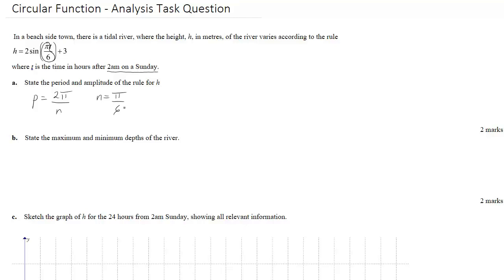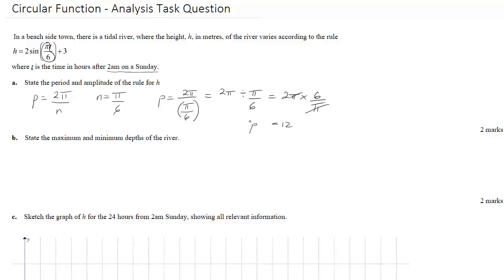So the period is going to be 2 pi over pi on 6. And that can be written as 2 pi divided by pi on 6, which is the equivalent of 2 pi times by 6 over pi. Now that and that cancels, and you get 12.